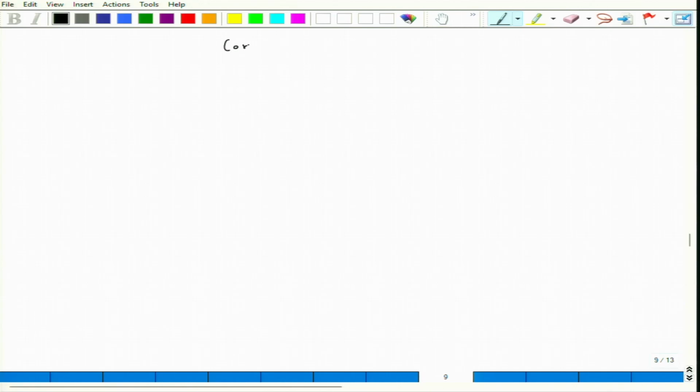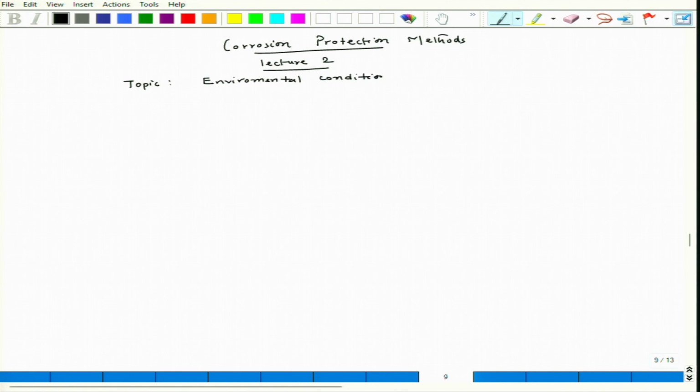The course is... and today is lecture 2, and today's topic will be environmental conditions.